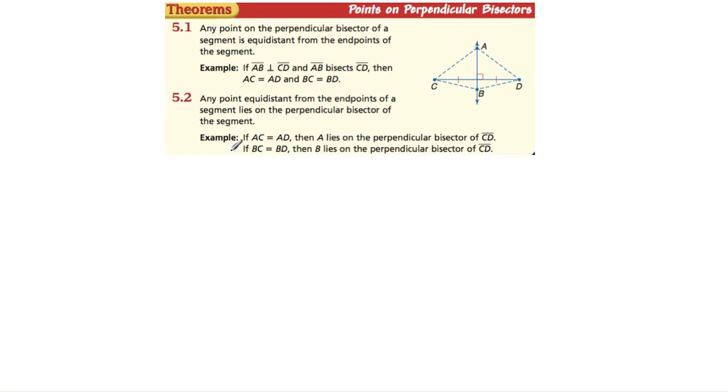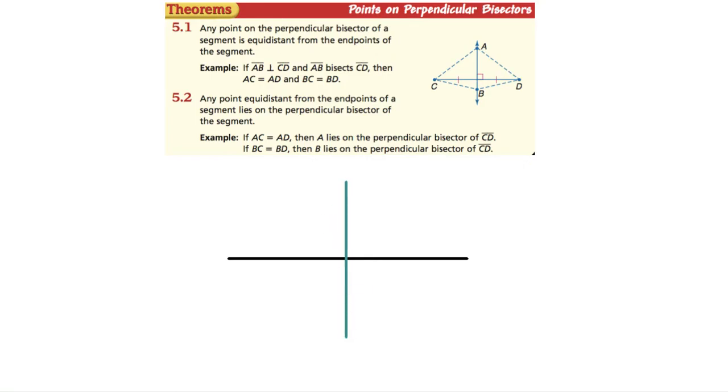So if I just have some point floating in space, here's point A, here's point B, and I choose some point, point C, and I say that's equidistant from A and B, it's the same distance.